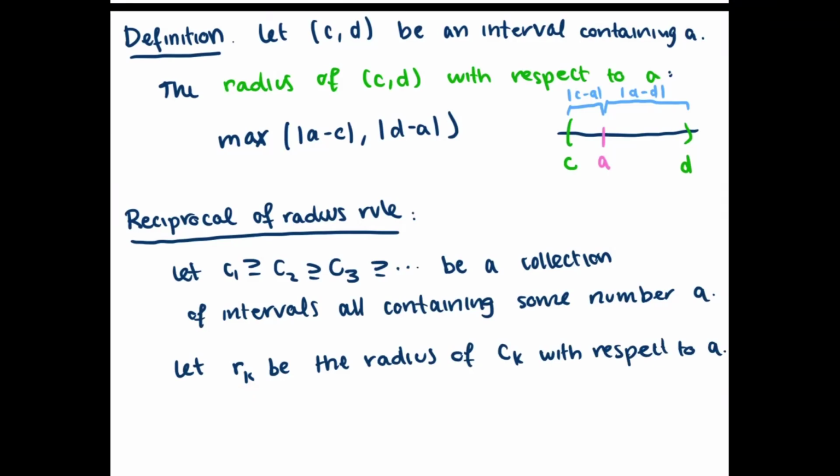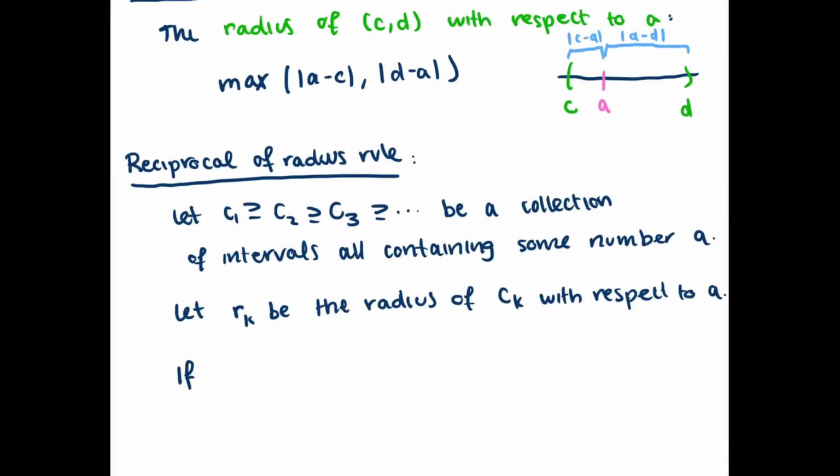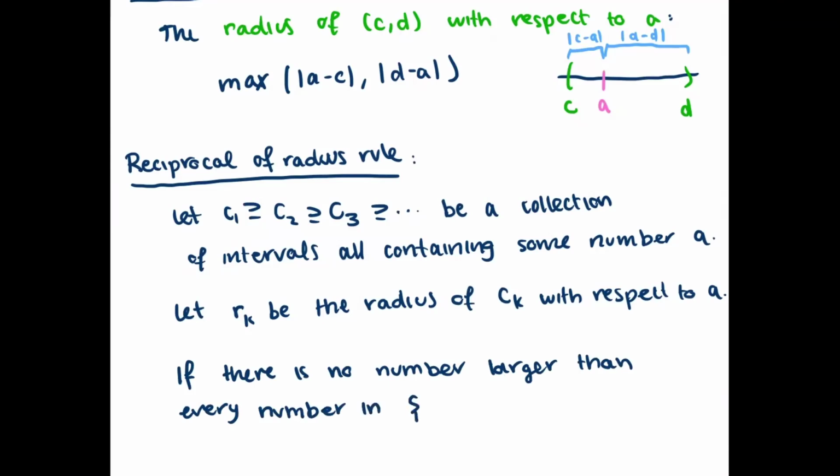And then if there is no number larger than every number in the set of the reciprocals of the radii, so 1 over R1, 1 over R2, 1 over R3, and so on.